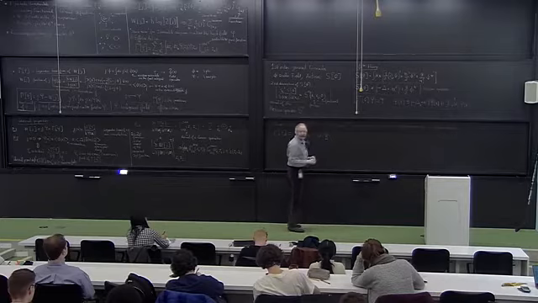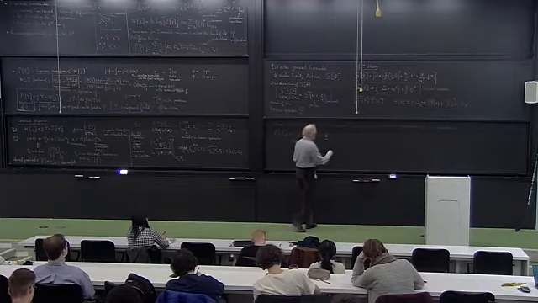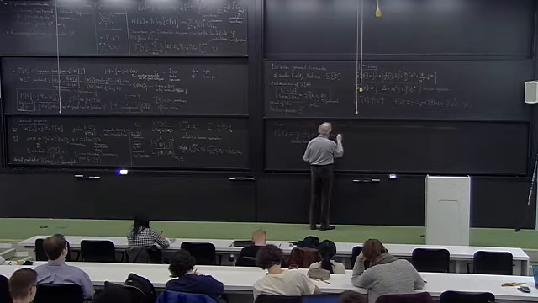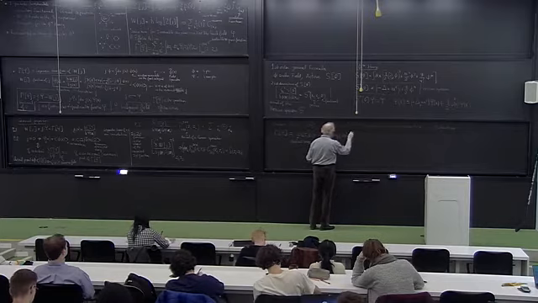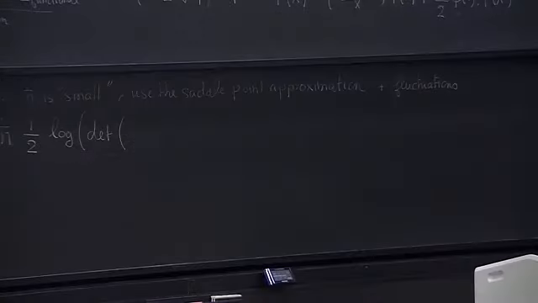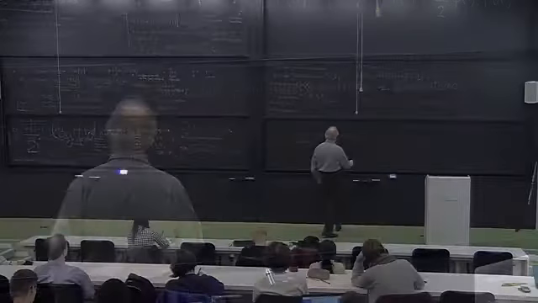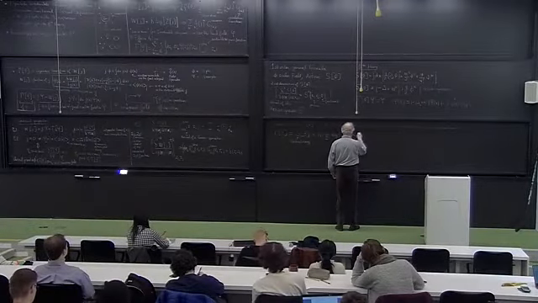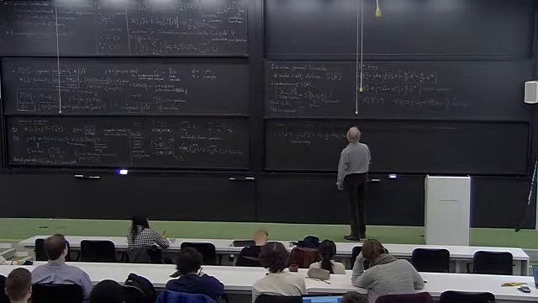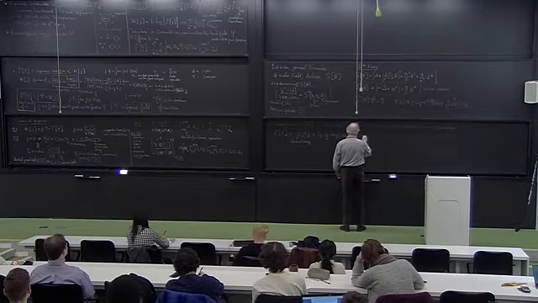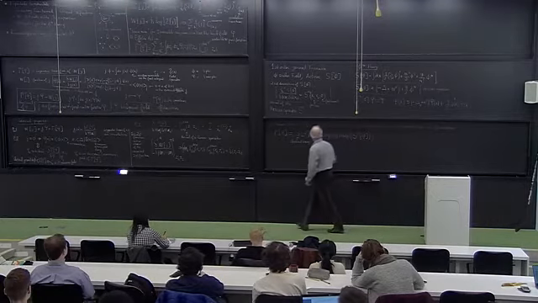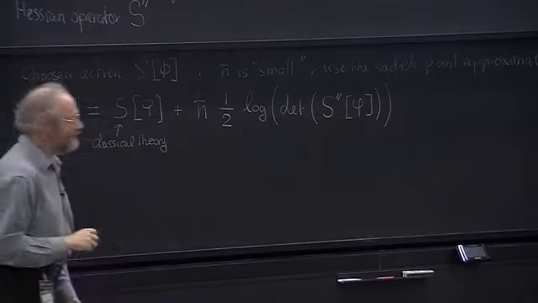This is just 1/2 of the log of the determinant of the Hessian operator evaluated for the field configuration which is equal to the background field.